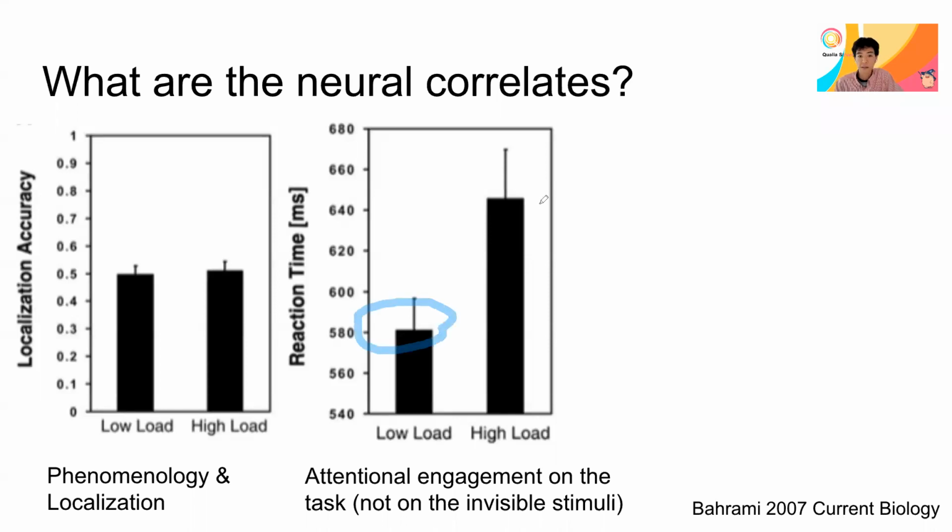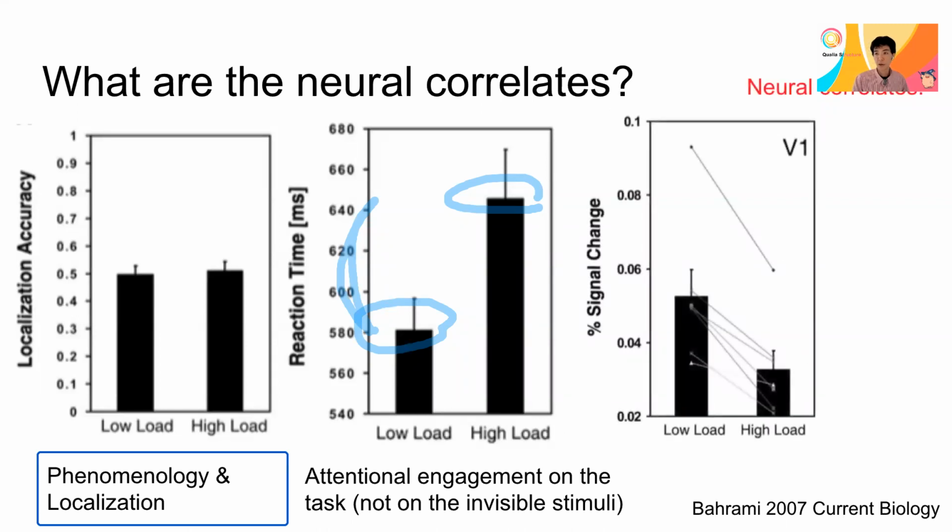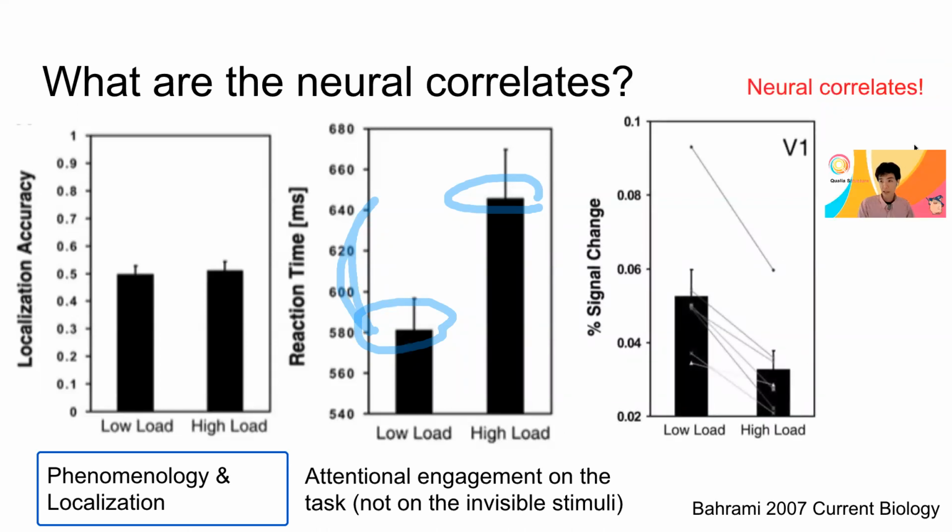But if the task is difficult, then reporting T or N or Z takes longer. It's roughly a 50 or 60 millisecond difference. It's a substantial difference. And then finally, they found the neural correlates of the attention modulation.